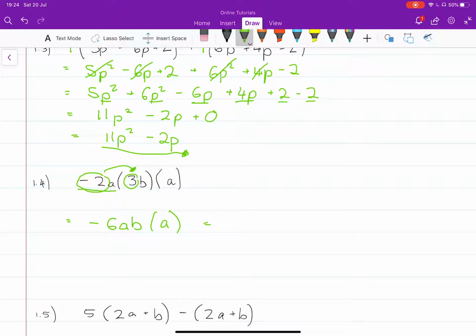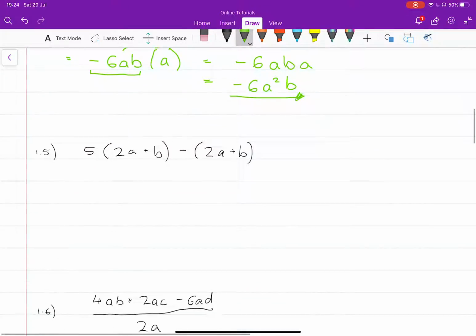So now we multiply this entire term into the a. So then we get minus 6ab times a again, and that equals minus 6a squared b. The reason is a times a is equal to a squared.